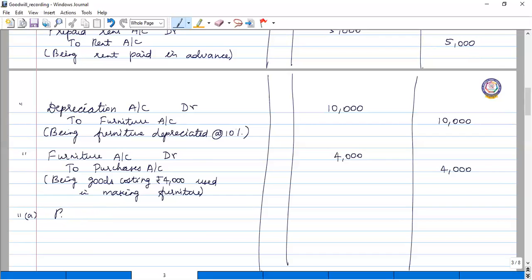We have received a check, so debit bank account, to commission received account. The amount is 20,000. Being commission received.